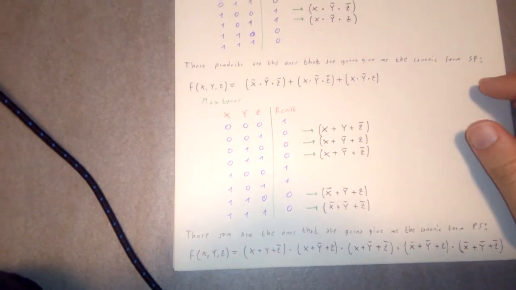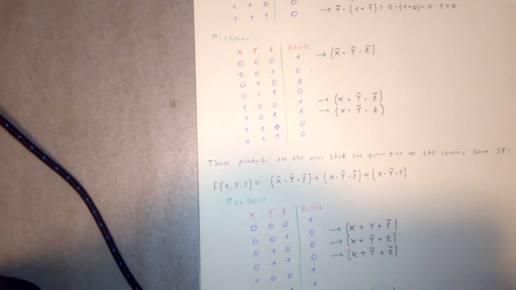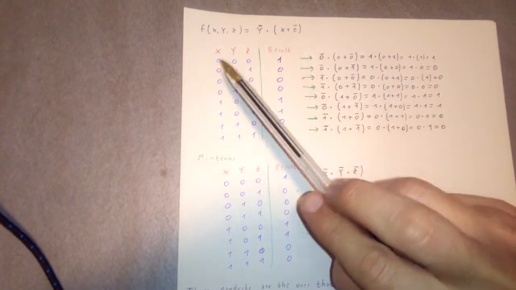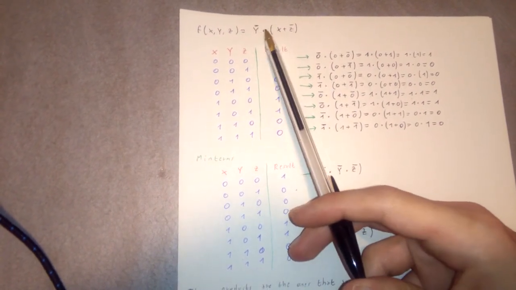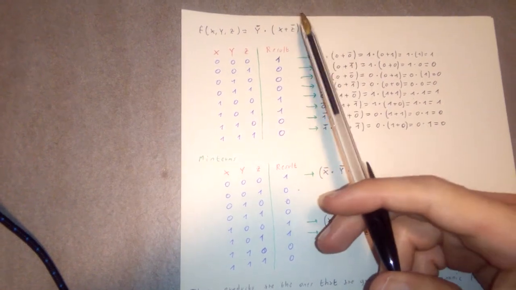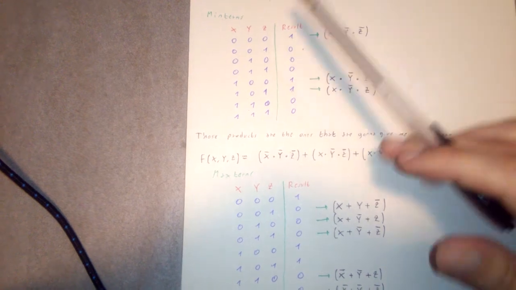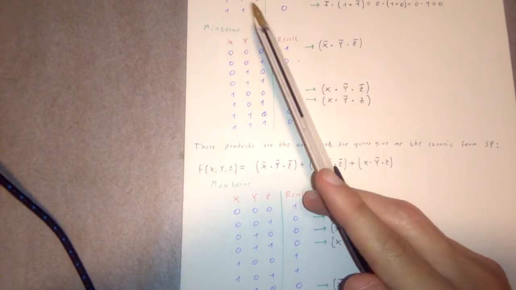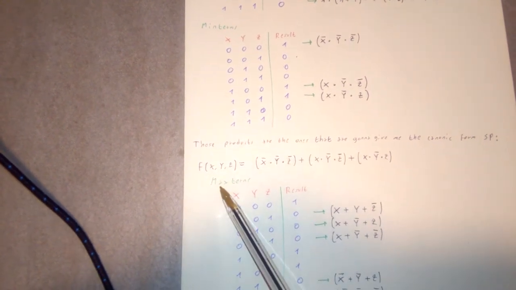So again, you can basically find the canonic form of an expression by just making the truth table, based on the entries that you get by putting the entries into your function. And from that, you can get the result of the truth table, and you can get the representation either by using the Minterms or the Maxterms.